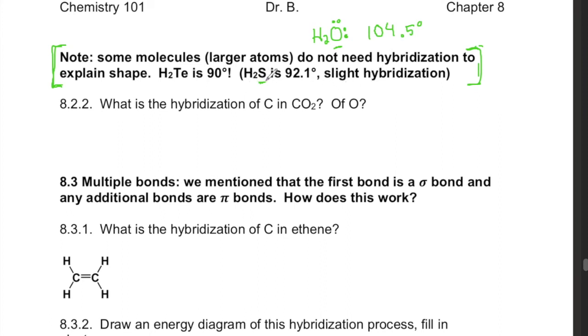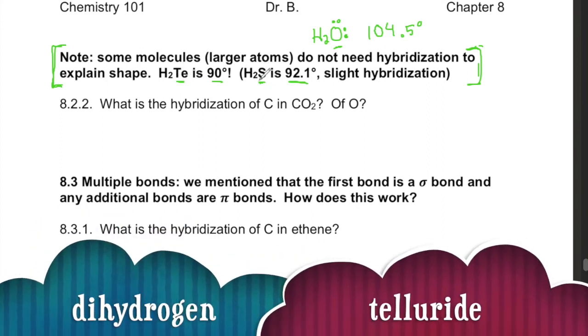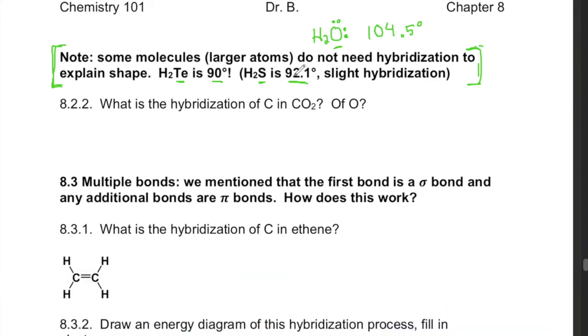When you go down to sulfur, the next atom down below oxygen on the periodic table, this is a lot closer to 90 than it is to 109.5. And then when you go one more row down on the periodic table to tellurium, you actually do get something that is 90. So dihydrogen sulfide and dihydrogen telluride do not need hybridization to explain their shapes as much as water does.